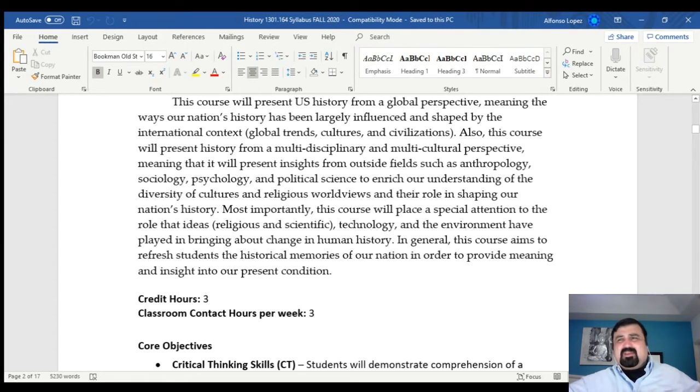For example, if we're studying the American Revolution, the factors that led to it were not just rooted in the colonies, things that were taking place in the 13 colonies locally, but rather those were factors also involving other regions, other nations around the world, particularly the European nations.